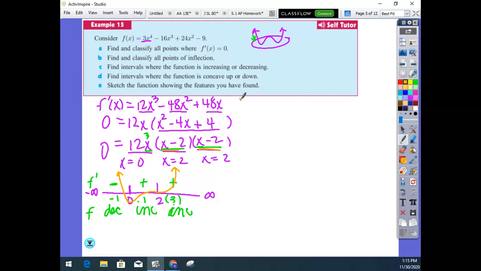Let's go ahead and do our second derivative, and then we'll summarize everything at the end. Because I want to do the second derivative, do the same thing I just did on my first derivative. So first of all, take the derivative of the derivative.